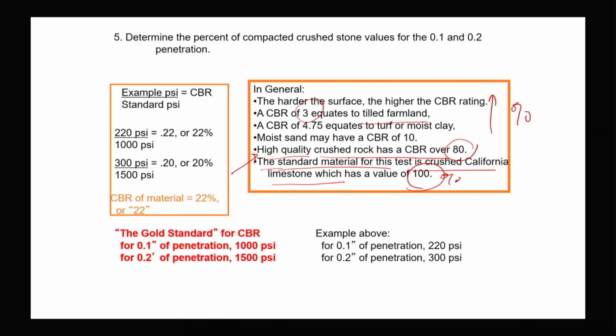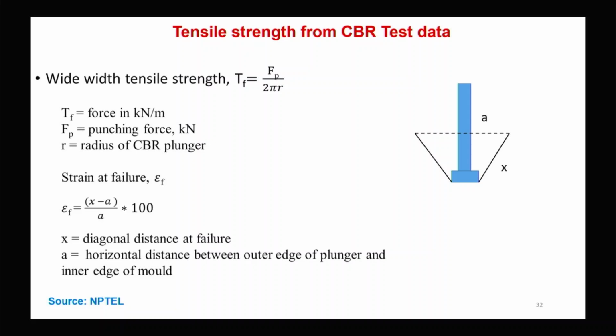For crushed California limestone, we may use a very flexible geotextile, where only strength is important. But here, with the reduction in the CBR value, to enhance the structural stability we have to use the stiffer material. We will discuss that later also.